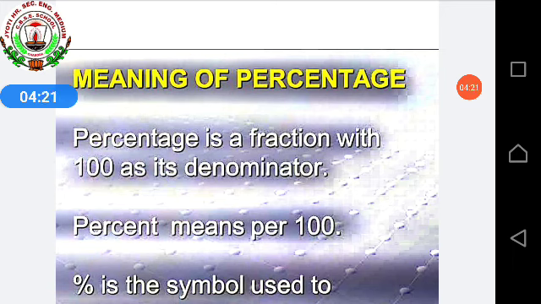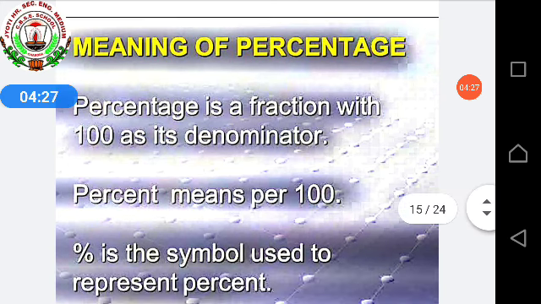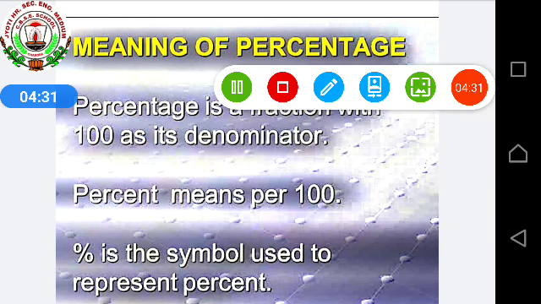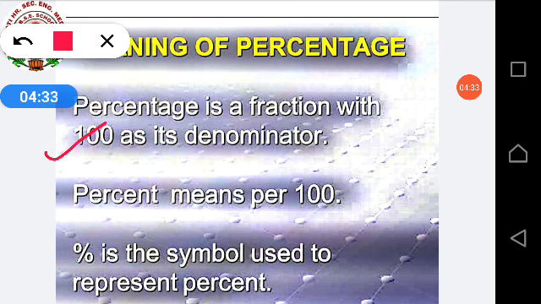Then you are taking out the percentage. So how are we taking out the percentage? We are taking it out with the denominator as 100. Okay, percentage means per 100. This one is the percentage symbol.